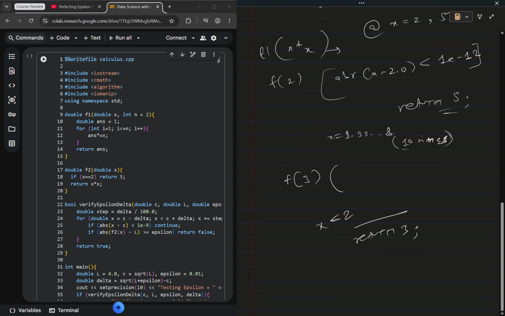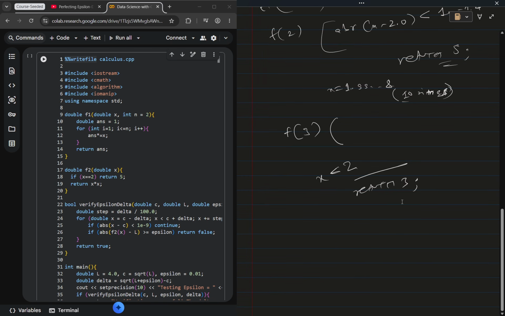Basically this is also a piecewise function, but by definition, yes, it is. But let's call it a function that is a combination of two different functions. Basically that's what a piecewise function is. Otherwise you can just return whatever you need, 7 over here.